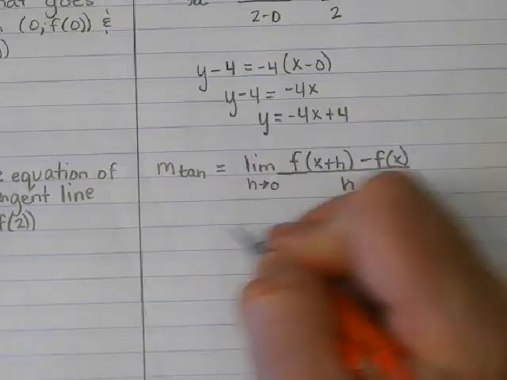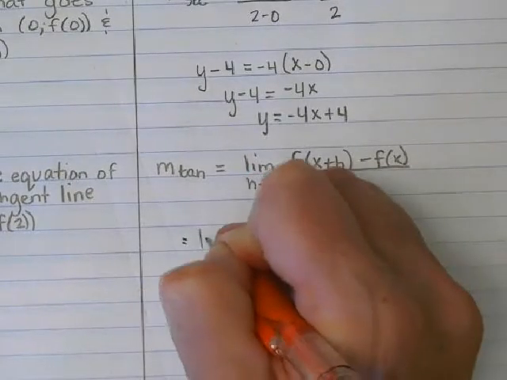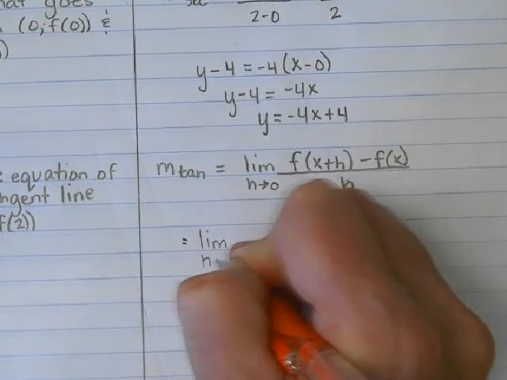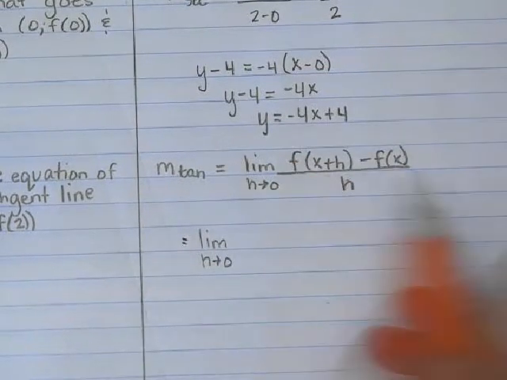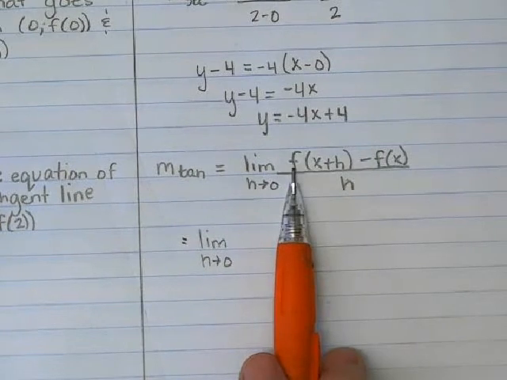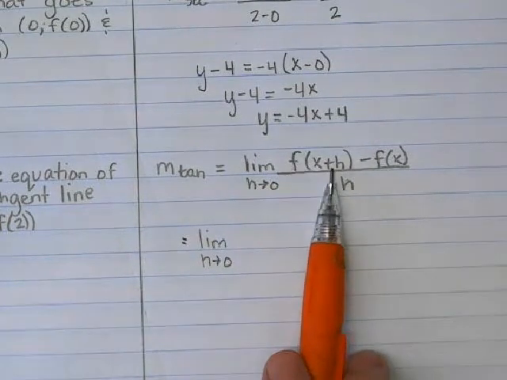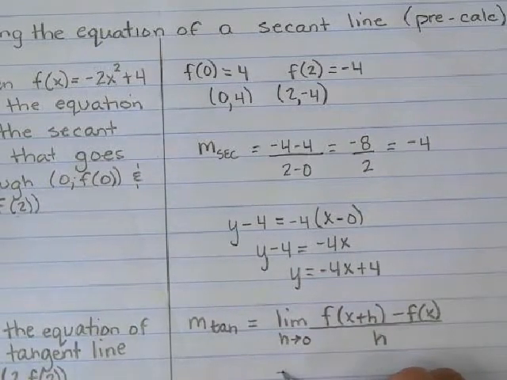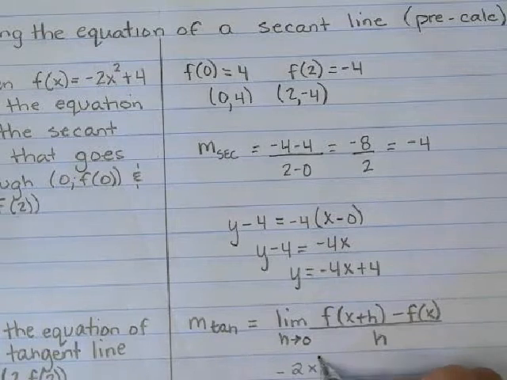All right, so let's go ahead and try it. So the limit as h approaches 0. So I have to go to my f function. And everywhere I see an x, I'm going to plug in an x plus h. Okay, so let me just put it right here so we remember that it looks like this.